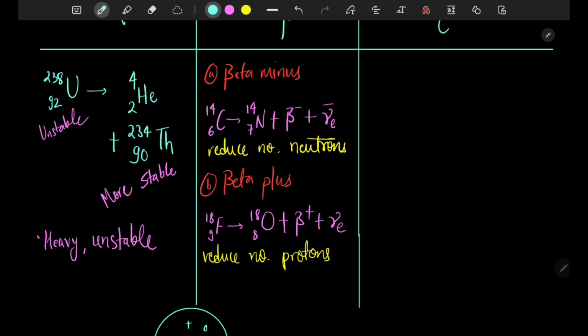So the mass number remains the same, but the atomic number has changed. And what has been released? Electron or beta particles. And in this process, some neutrino, anti-neutrino particles are also released. This particular particle can be avoided for now for explanation, otherwise it can get complicated. But let's just assume this is some sort of energy which is released.